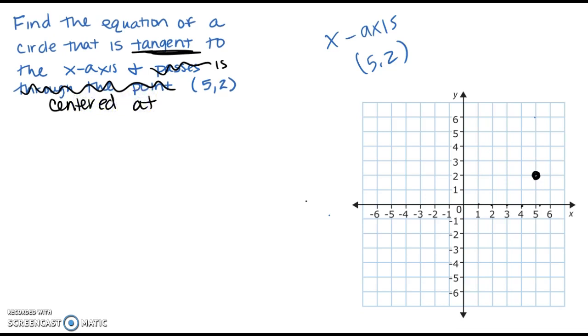So let's look here at (5, 2), and I'm tangent to the x-axis. That means that I really only touch the axis in one spot. So it looks like that. The key thing is you can't go through the x-axis twice because then it wouldn't be tangent. Just like a tangent line only touches a circle in one spot, it's almost like saying the x-axis is your tangent line.